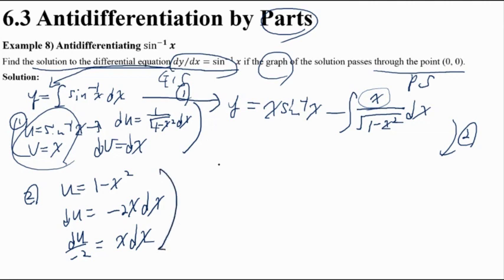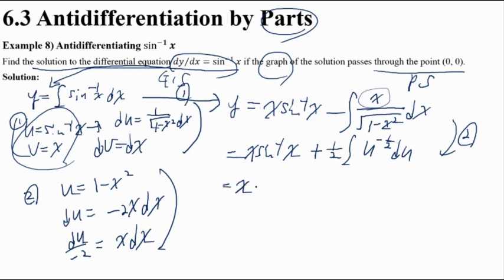So write down one more time. First part the same, x inverse sine x, and negative 1 over 2, so make it positive 1 over 2, and this part changes to u to the negative 1 over 2 du, right?